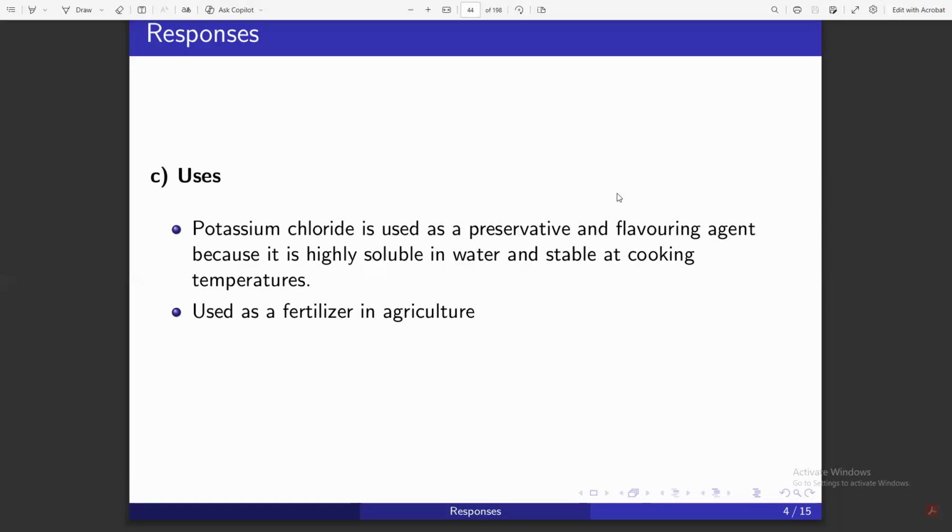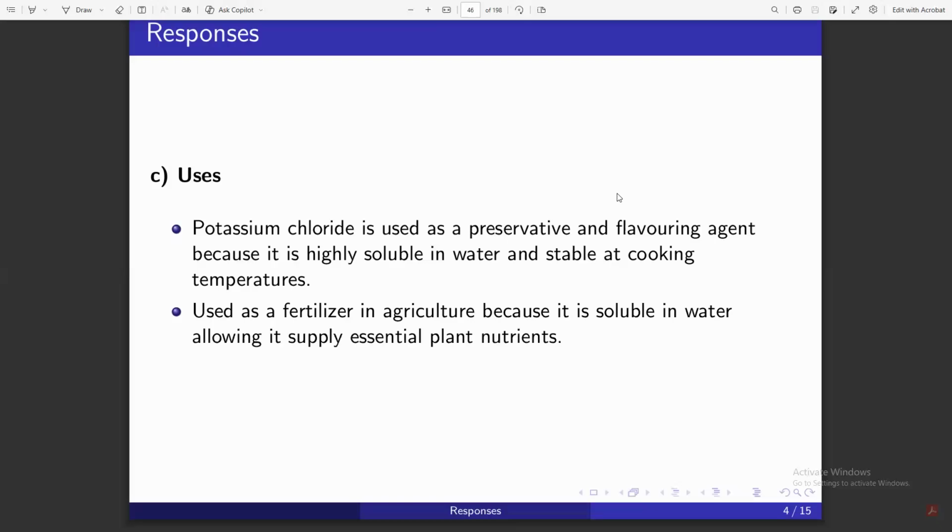Why? It is soluble in water. So once you dissolve it in water, it gives you those ions. Then you can pour that solution on soil or towards plants. So it is used as a fertilizer because it is soluble in water, allowing it to supply essential plant nutrients that will support plant growth.